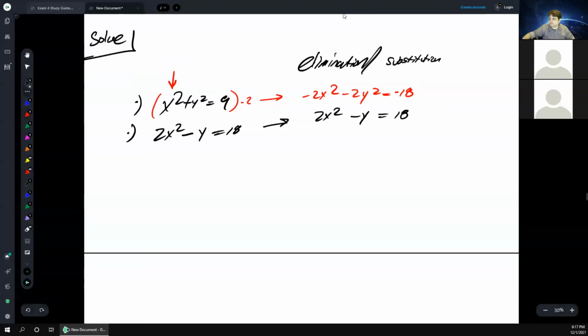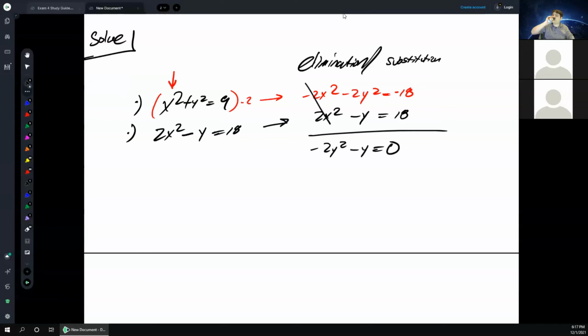Okay, so when we add down here, the x squareds cancel. These terms don't do any canceling or combination, so what we're left with here is -2y squared minus y equals 0. So here we have to do a little bit of factoring. We can factor out a y. So that's going to leave me with y times -2y minus 1 equals 0.